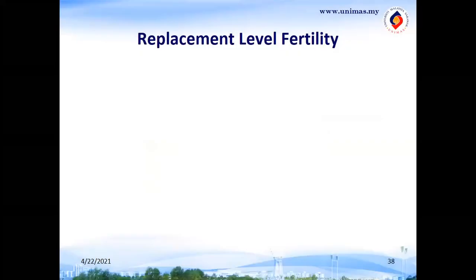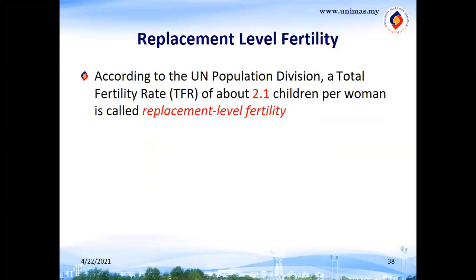Alright, jadi move on ya to, I've mentioned this a few times berkenaan dengan replacement level fertility. So according to the United Nations Population Division, a total fertility rate of about 2.1 children per woman is called replacement level of fertility. 2.1 is just average.